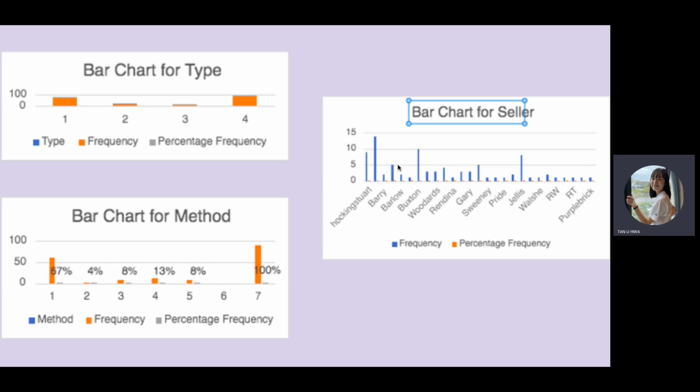It's very useful, and people can analyze by looking at the bar chart, which consists of the percentage as well, and at which columns are higher and which are lower. It is easier compared to having to look at all of the data.